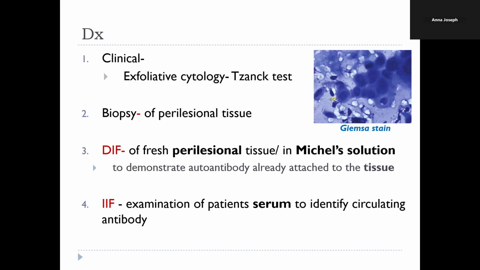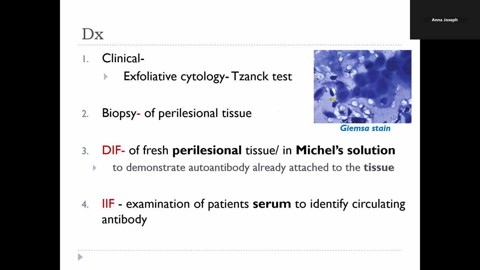It is important that a freshly ruptured vesicle and the perilesional area is taken for the biopsy. Otherwise, the biopsy can be non-specific and will not provide a correct diagnosis. The confirmatory diagnosis for all vesiculobullous lesions involves the direct immunofluorescence or DIF and the indirect immunofluorescence or IIF.